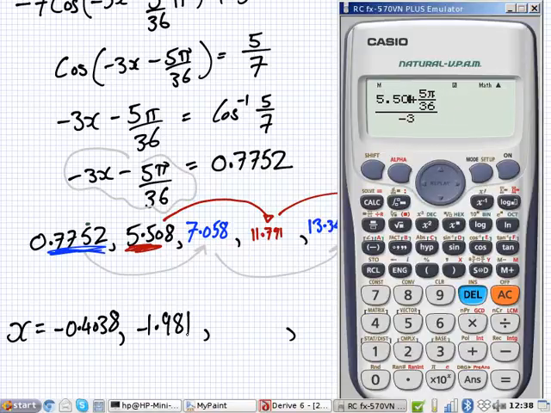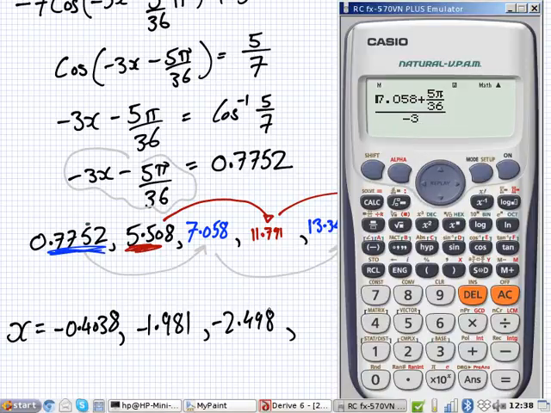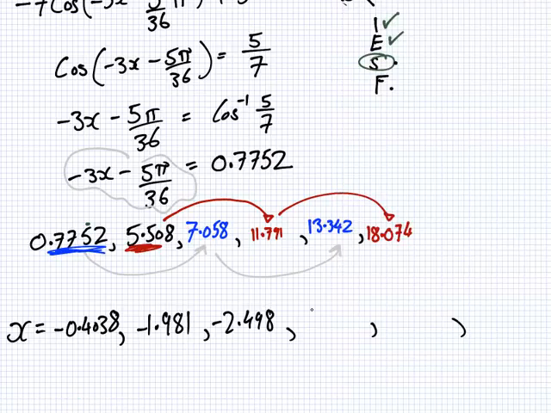The next one is 7.058. So that's minus 2.498. Next one is 11.791. So that's minus 4.076.